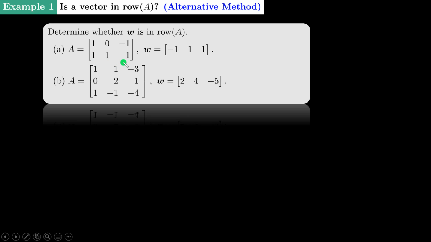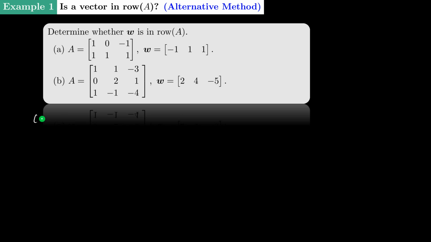In that case, we say that the vector W is linearly dependent on the rows of A, and therefore W lies in the row space of A. Now the other case is when the bottom row is non-zero, which means that the vector W is linearly independent of the rows of A, which means that W does not lie in the row space of A.